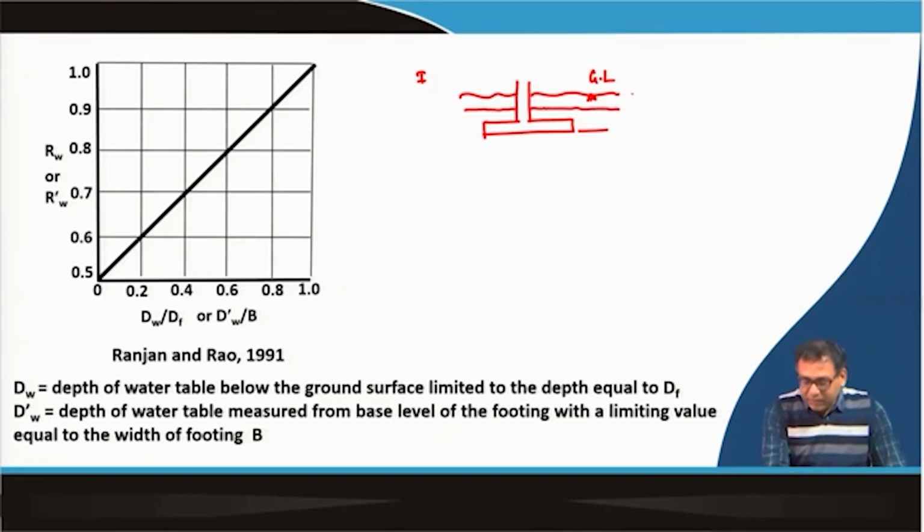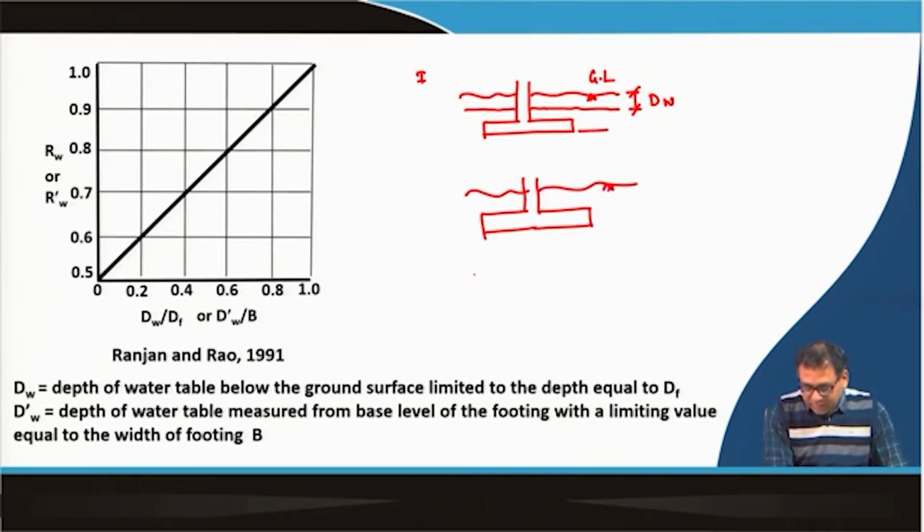That means this distance, the position of the water table from the surface, is called Dw. In the second case, this is the ground surface and this is the position of the water table, which is below the base of the foundation.